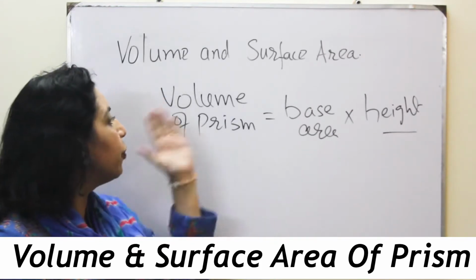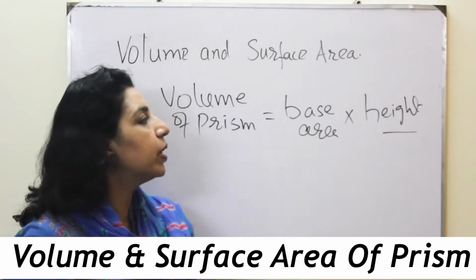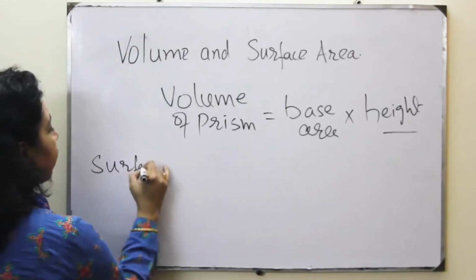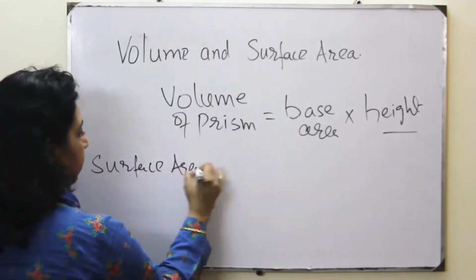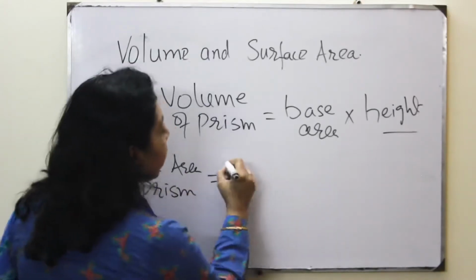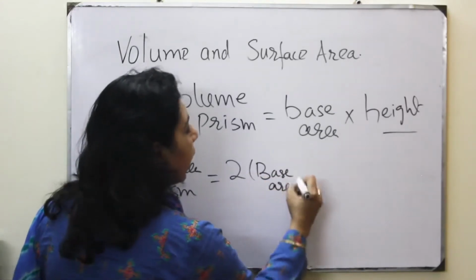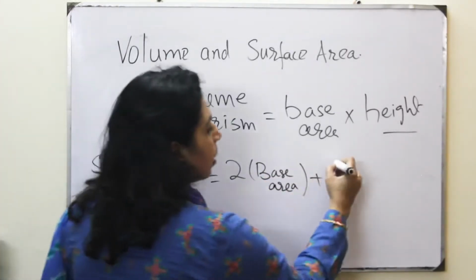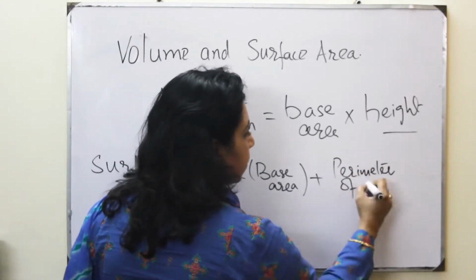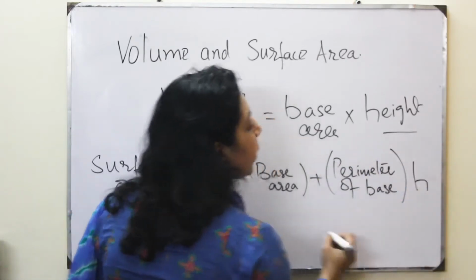So whenever we have to find the volume of prism, we shall first find its base area and then we shall multiply it with the height of the prism. When we shall find the surface area of the prism, we shall take twice base area and we shall add the perimeter of the base along with the product of height of prism.